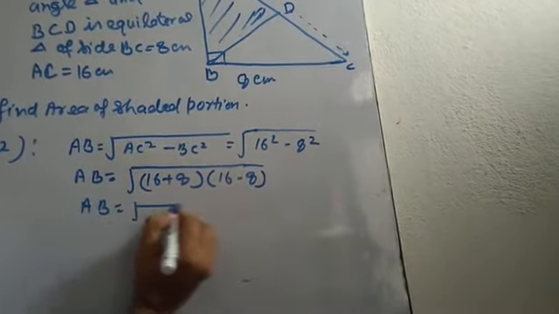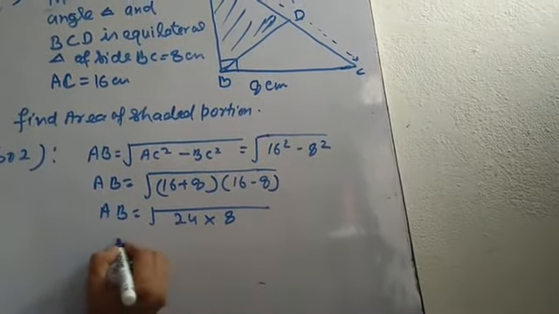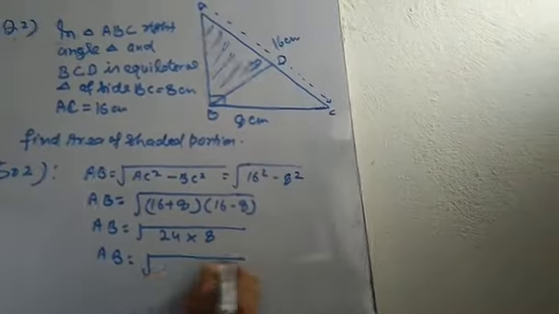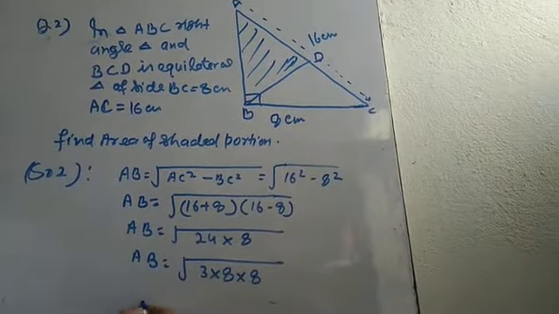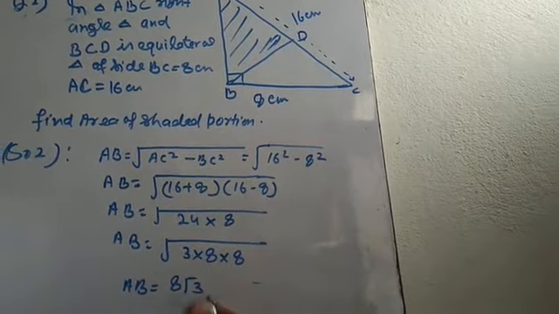AB equal to root of 24 into 8, AB equal to root of 3 into 8 into 8, therefore AB equal to 8 root 3.